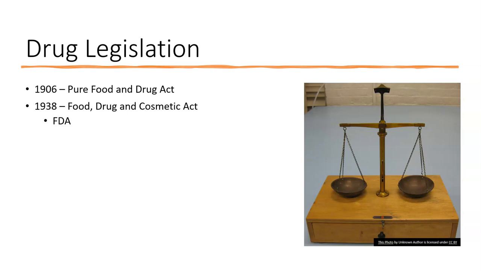Now, in 1938, they wanted to come around and fix that a little bit. 1938 was the Food, Drug, and Cosmetic Act. This caused the formation of the FDA, the Food and Drug Administration. It required the manufacturer to prove the drug formula was safe. And part of that came about because some early anti-infective drugs, sulfonamide, I'm not saying that right, arsphenamine, that's one, actually had the equivalent of antifreeze in the drug.